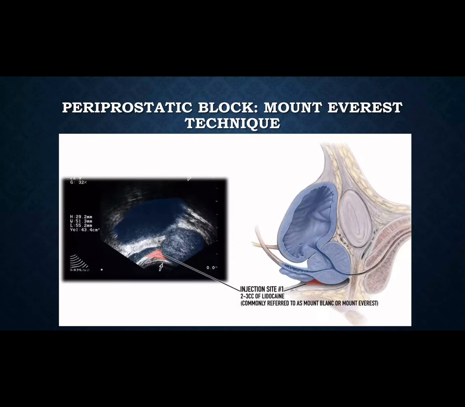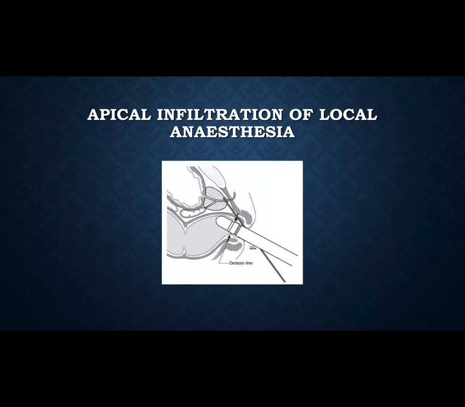Now, which ultrasound probe should be used? That should be a 7.5 megahertz transrectal probe, and the needle for biopsy should be an 18 gauge true cut biopsy needle. And how to give local anesthesia?